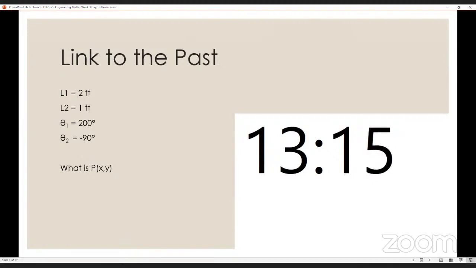Because the X isn't aligned along the X axis. It's aligned here. You're not going to be in the right coordinate reference range.